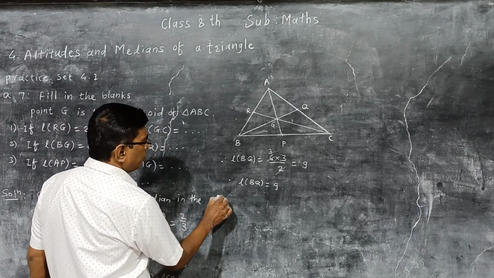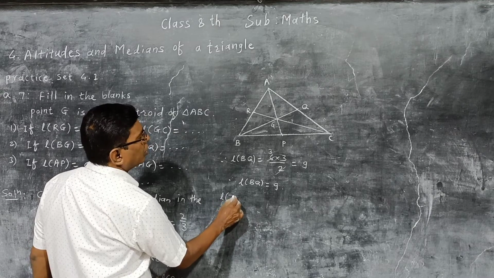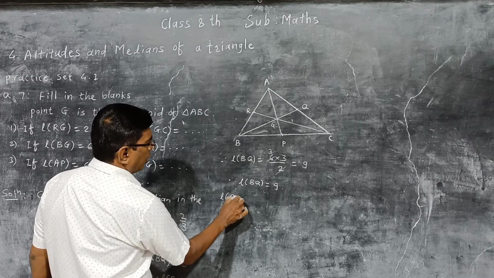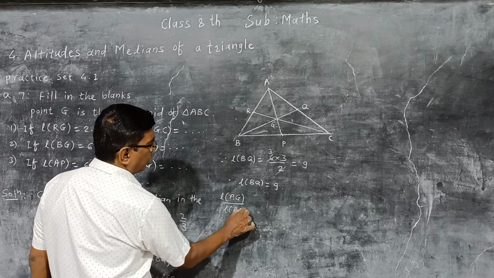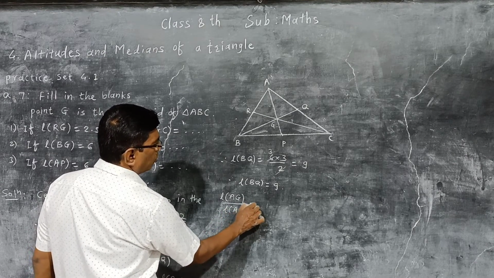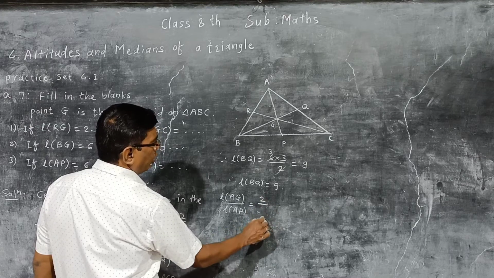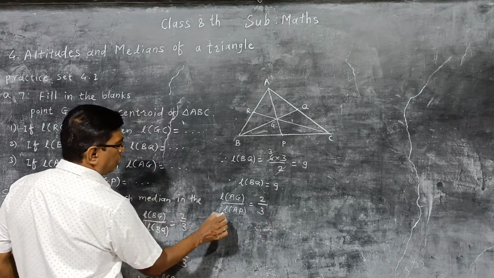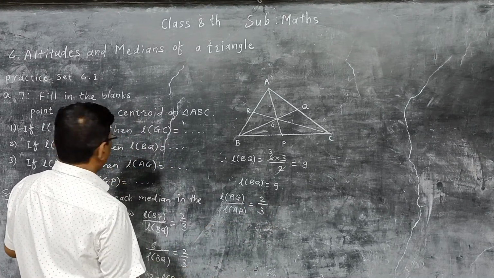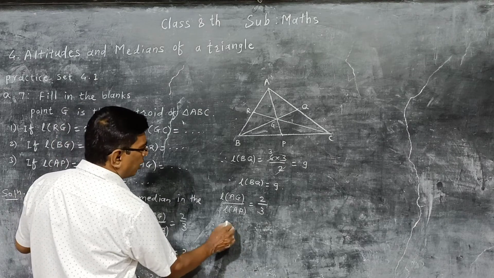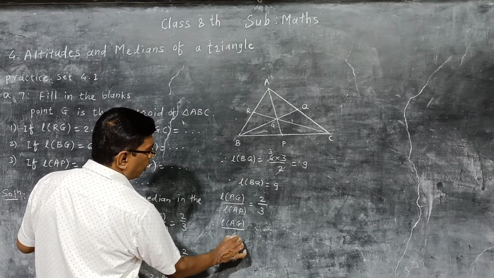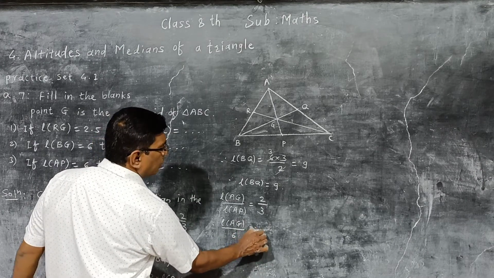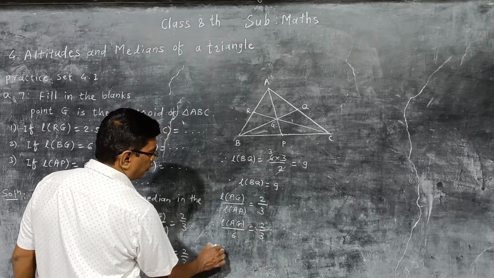Now length AG to length AP: AG is 2 parts and AP is 3 parts. Now AP is equal to 6 is given, so what will length AG be? See, AG upon AP, the value is 6, then 2/3.